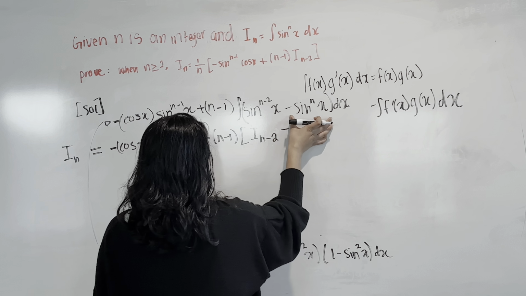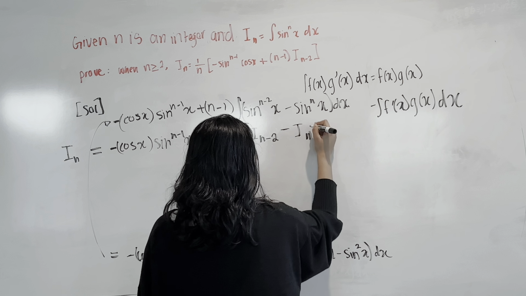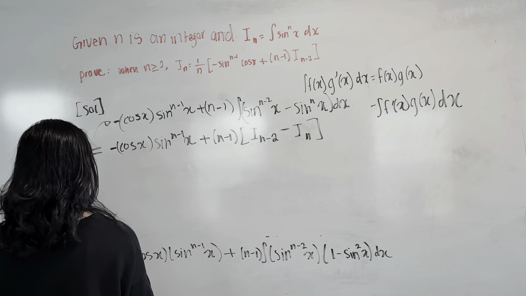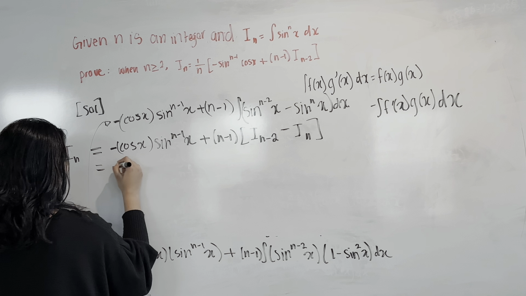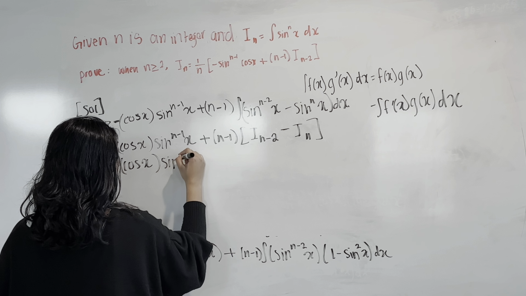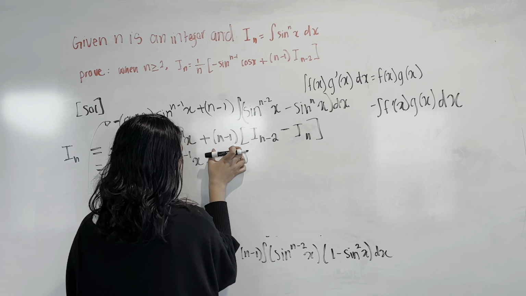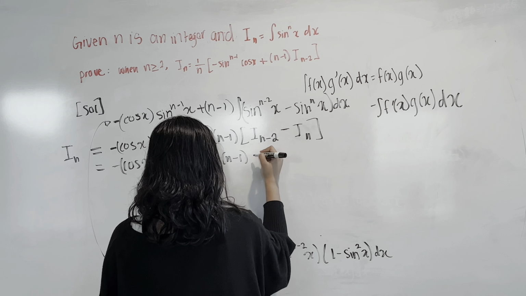And this integration of this is just simply I n, so we can just rewrite that. And let's rewrite this whole thing once again. And here I'm just going to expand n minus 1 to both terms.